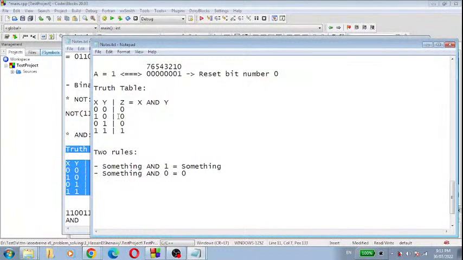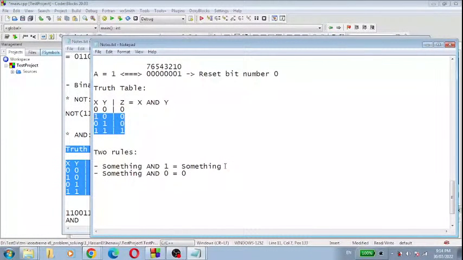Of course these two rules are present within this truth table. I mean that something ended with 1, like these 3 entries in the table: 1 ended with 1 gives 1, and 0 ended with 1 gives 0, and so on.